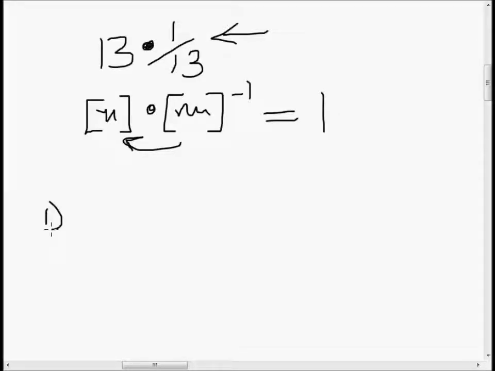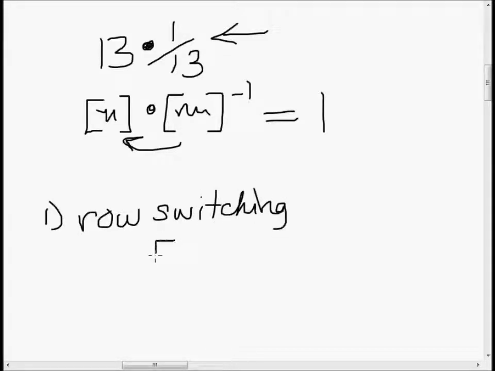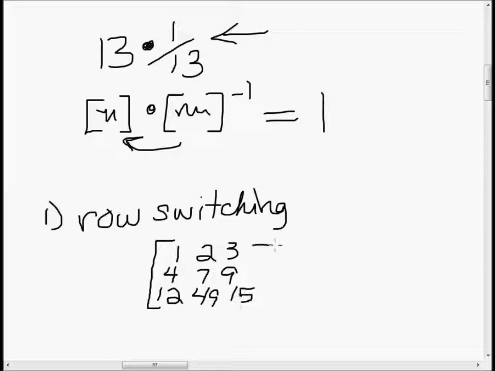So the first thing we can do is row switching. That means if I have the matrix 1, 2, 3, 4, 7, 9, 12, 49, 15, you can swap any of these rows around.